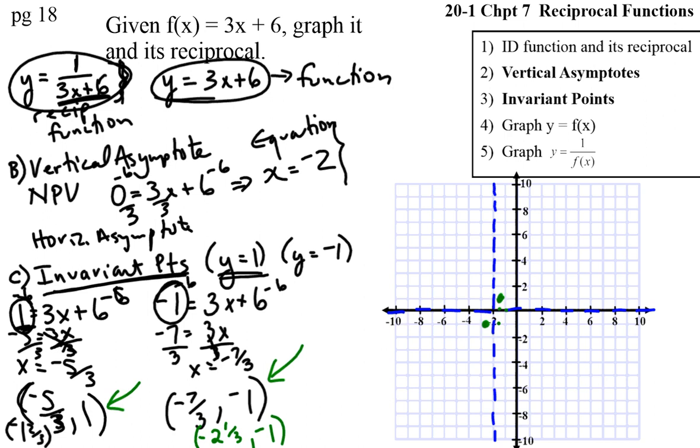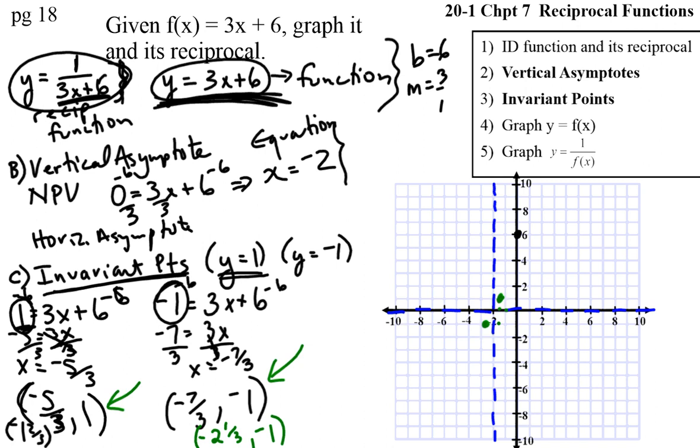So now what are we going to do? Now we're going to graph the 2 functions. So I'm going to graph the first regular function to start. Y equals 3x plus 6. Well, going back to linear equations, our b value is 6 and our slope is 3/1.